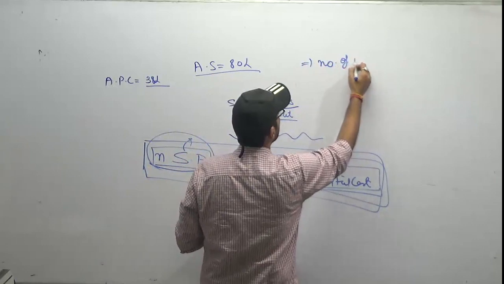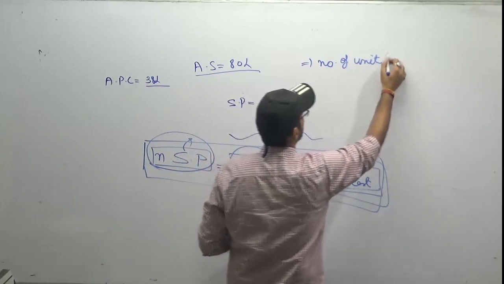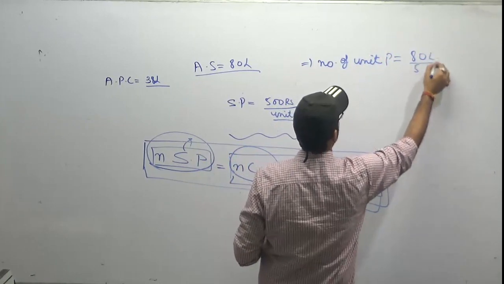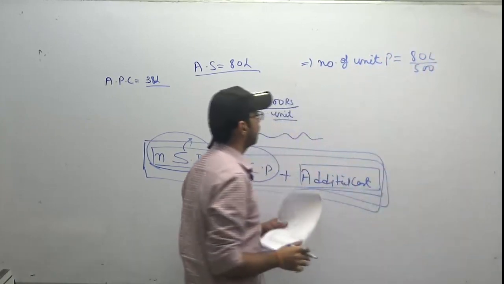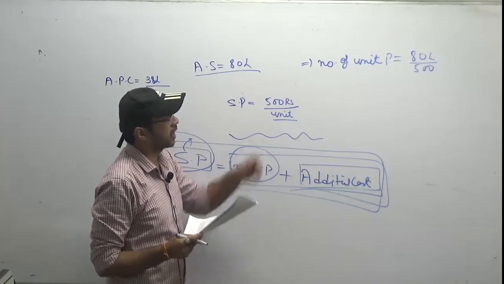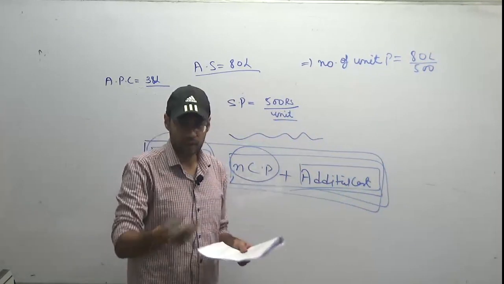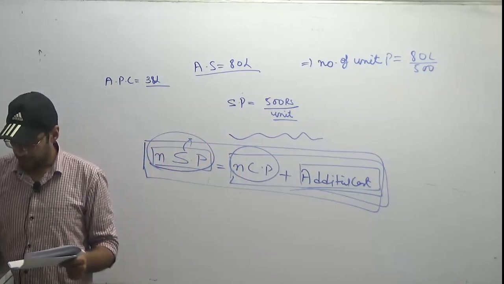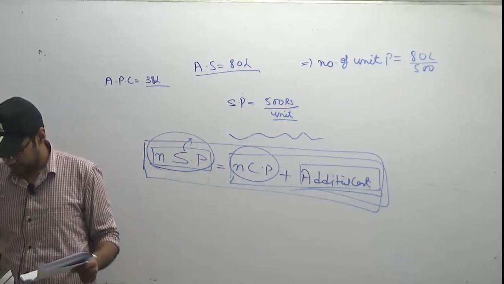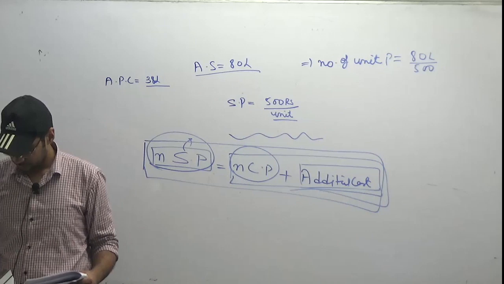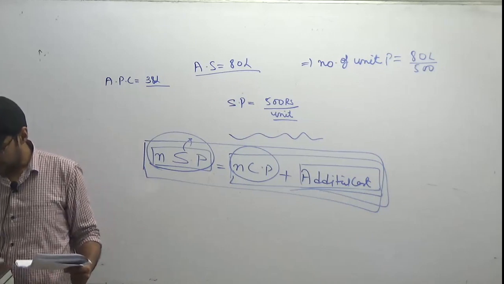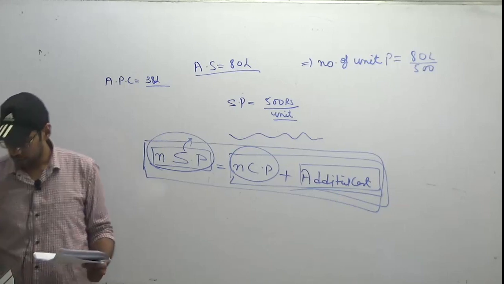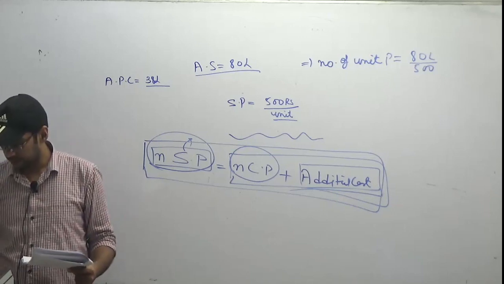Number of units produced is equal to 80 lakhs divided by 500 rupees per unit. From there you will get what? Do the calculation. Tell me the answer. I think the calculation is easy. Hurry up, tell me the answer.